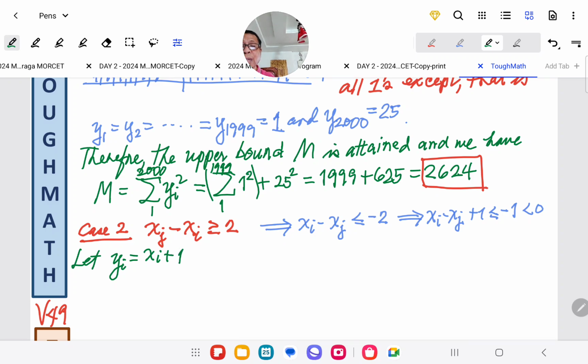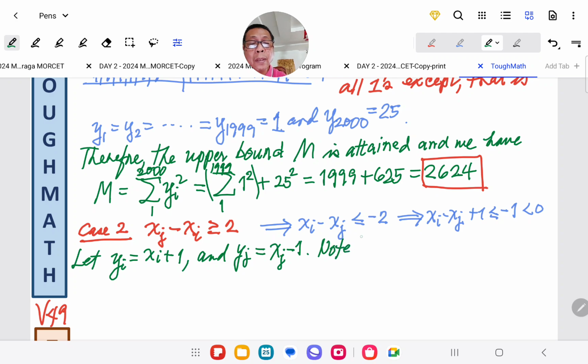So instead of subtracting from the smaller, we add 1 to the smaller. And then from the larger, we subtract 1. So it's the opposite of case 1. So y sub j is equal to x sub j minus 1. Again, the sum of the original and the new values is the same.